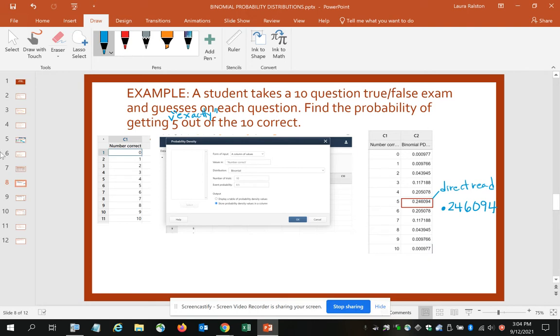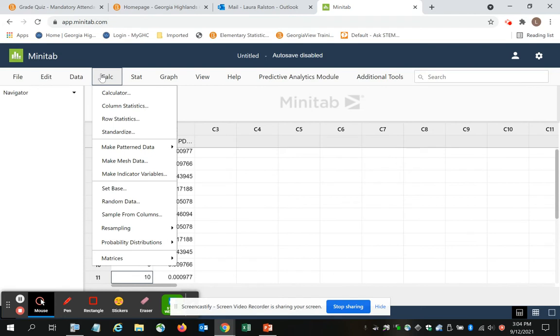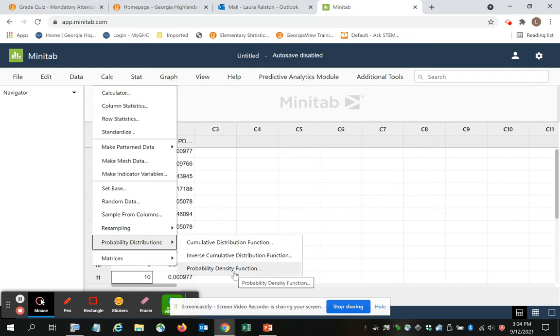You can see all of the options that I put into Minitab, but let me walk you through that. You enter 0 to 10 in column 1. We go to Stat, Probability Distributions, Probability Density Function.